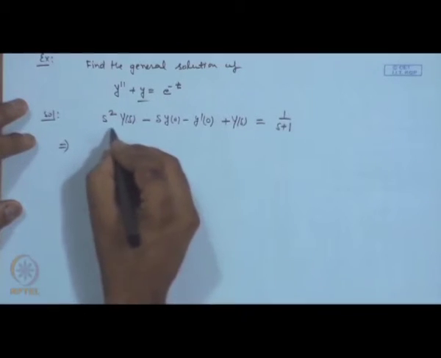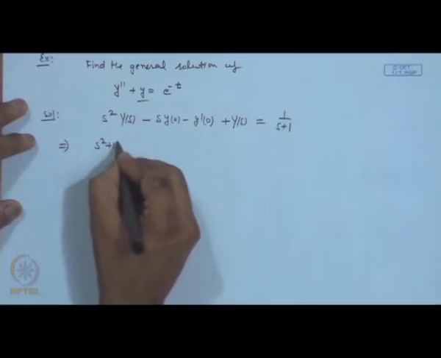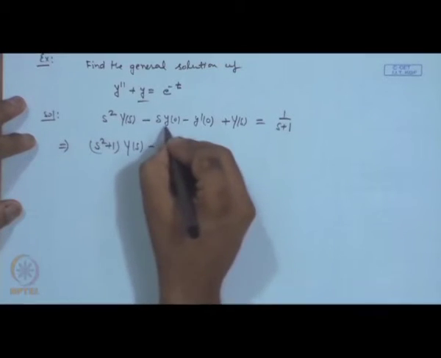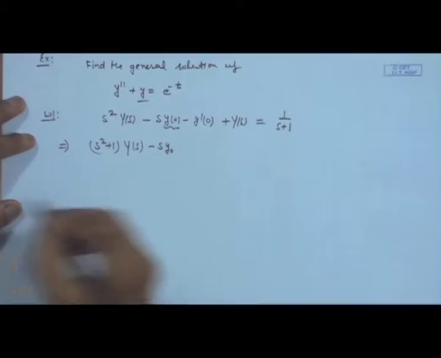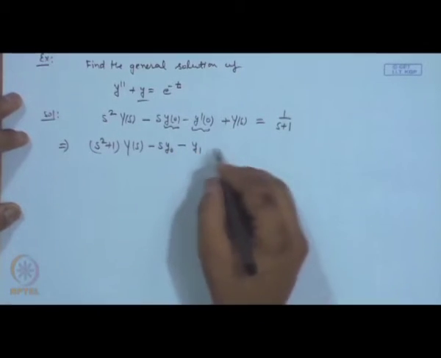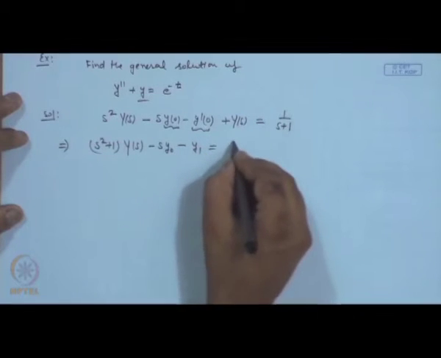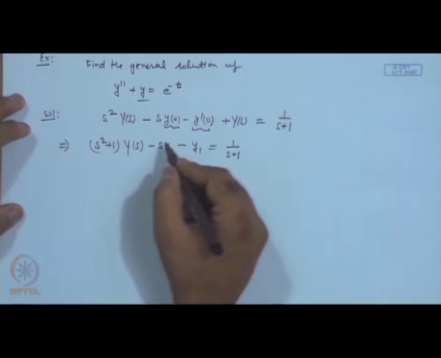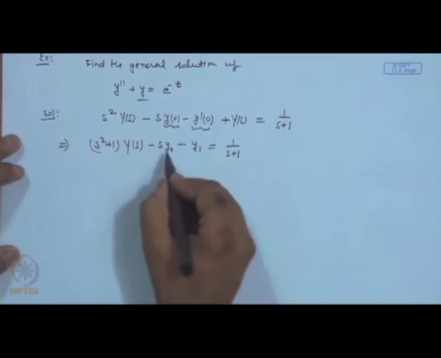So, we have (s squared plus 1) Y(s) minus s y0 minus y1, a simple notation, these are the constants, equals 1 over s plus 1. Instead of giving them numerical values, we will continue the calculations with y0 and y1.